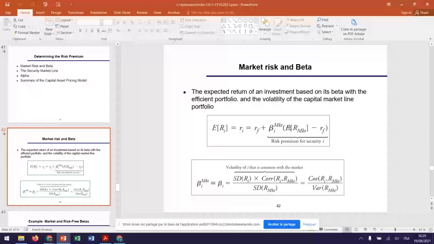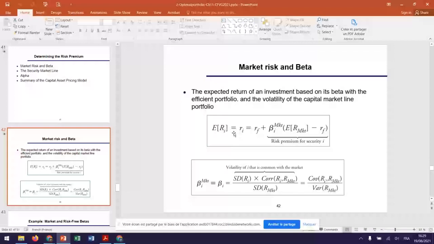What you have to do is find out the beta of Amazon stock. Once you know the beta of Amazon stock, multiplied by the market risk premium, you will know the additional return you should get from holding Amazon stock. So ERI should equal RF plus beta I multiplied by ERM minus RF, and this one we call the CAPM. So how do we measure the beta?